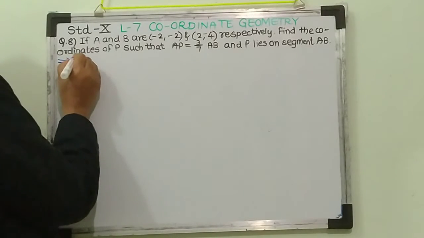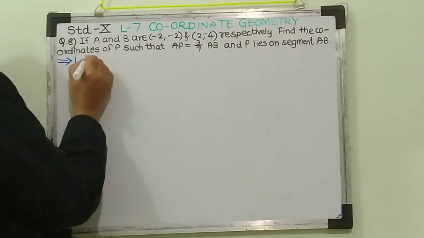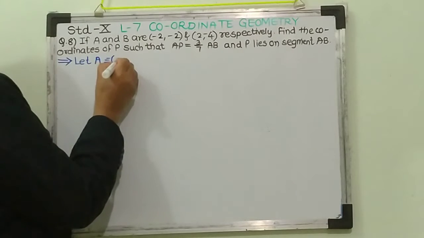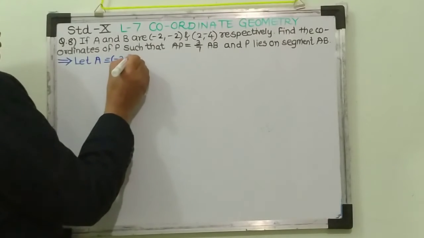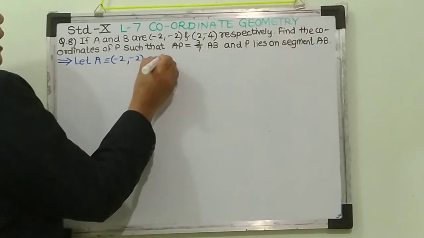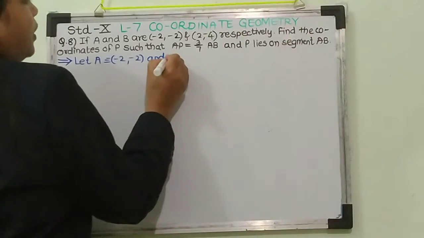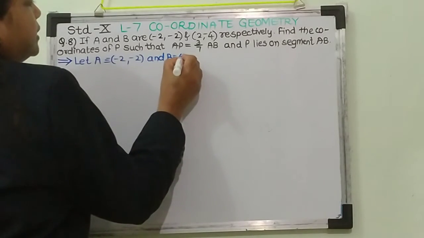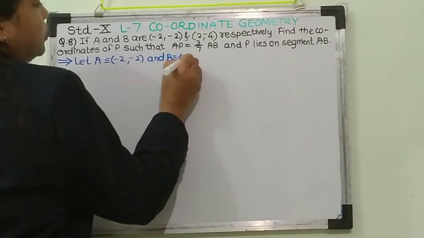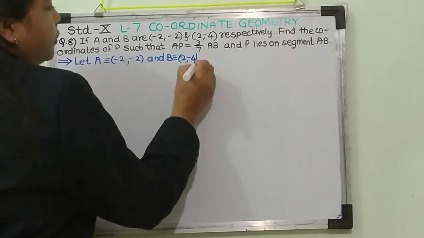So first, let A's coordinates be (-2, -2) and B's coordinates be (2, -4).